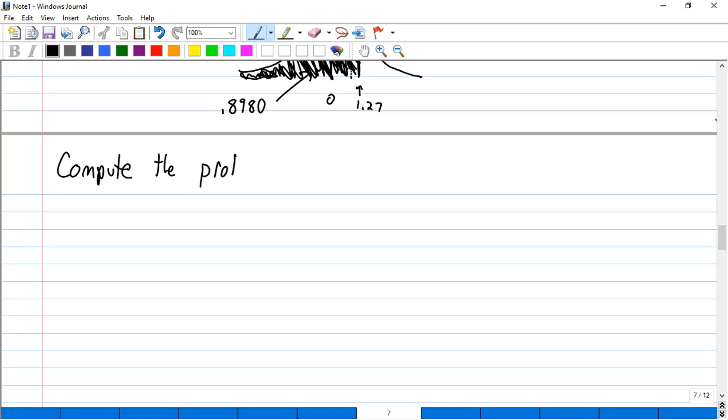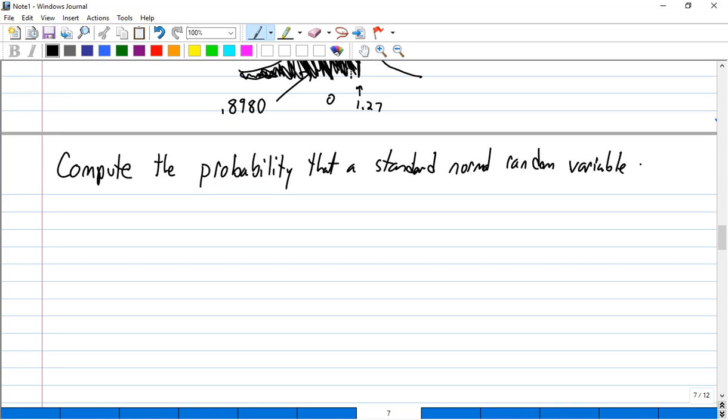The probability that a standard normal random variable is between 0 and 1.27.